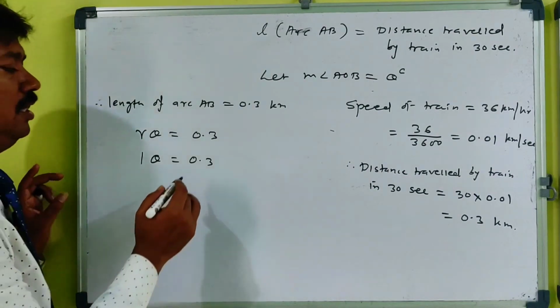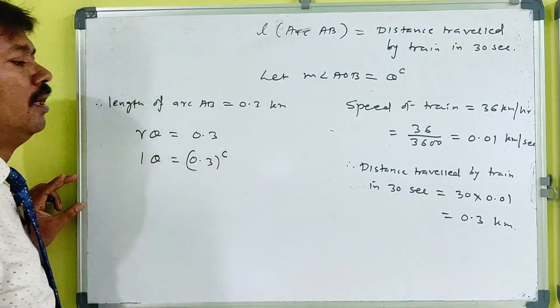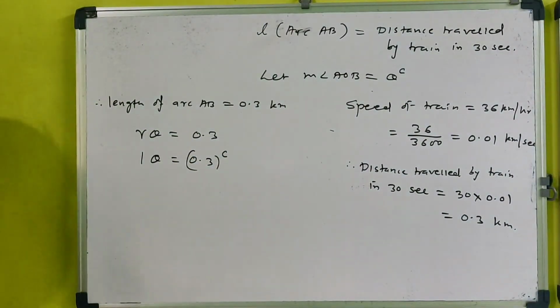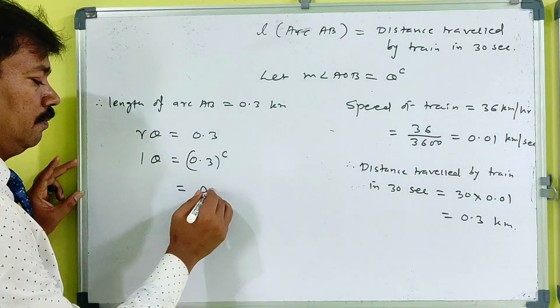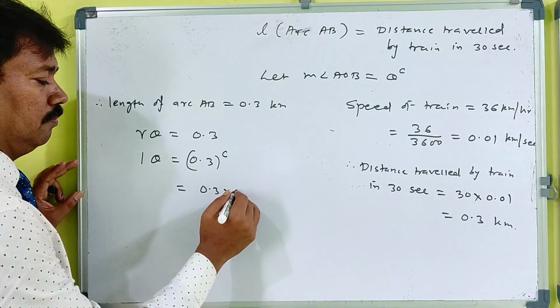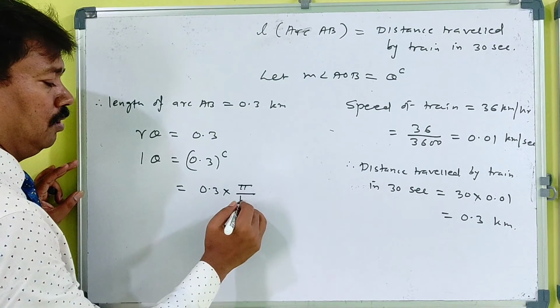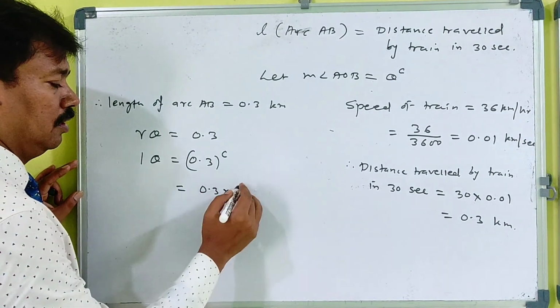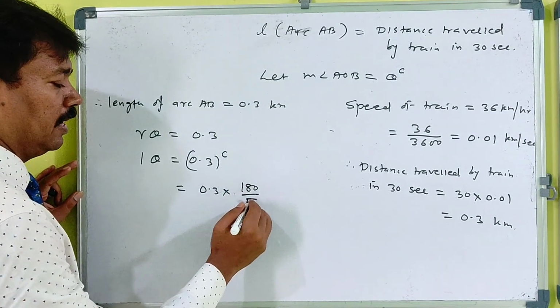Now this 0.3, in what is it? It is in radian. So you have to convert this into degrees: 0.3 multiplied by 180 upon pi.